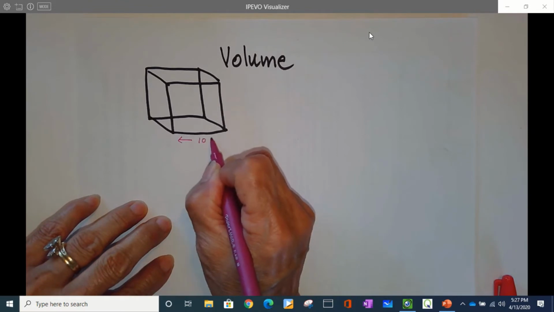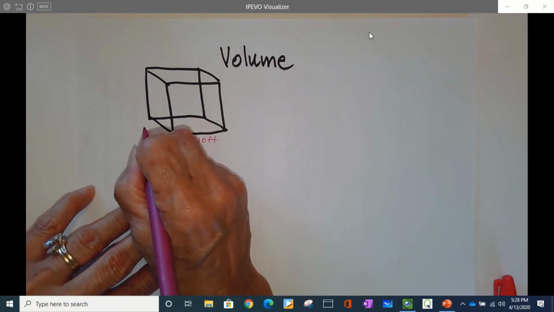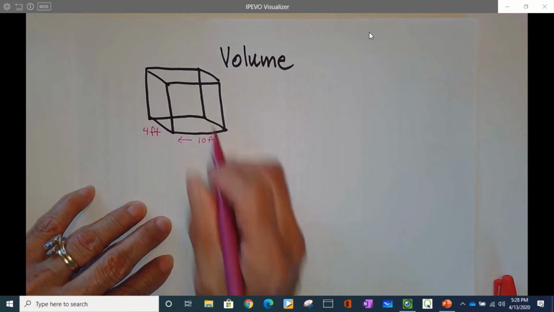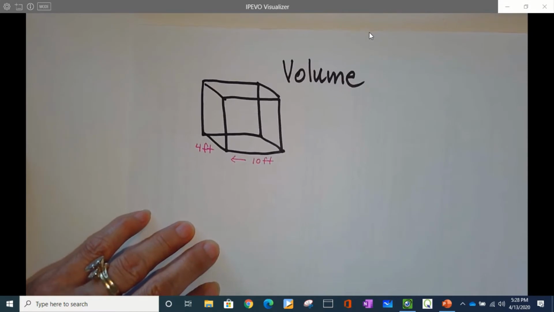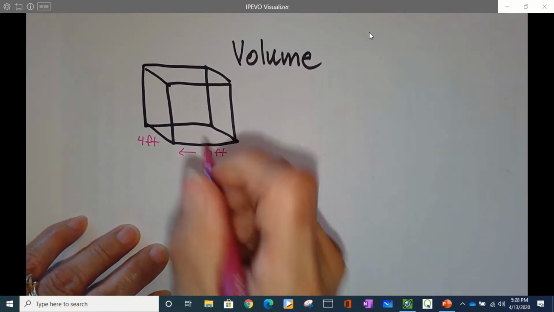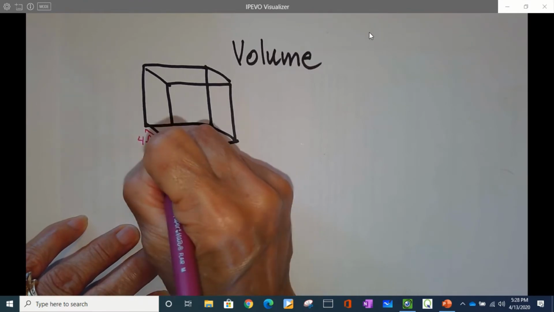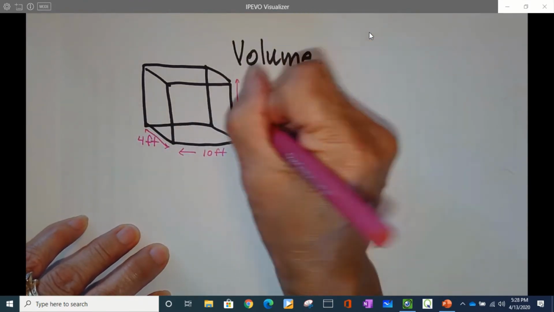This will be 10 feet. This is going to be 4 feet. And my height will be 6 feet.